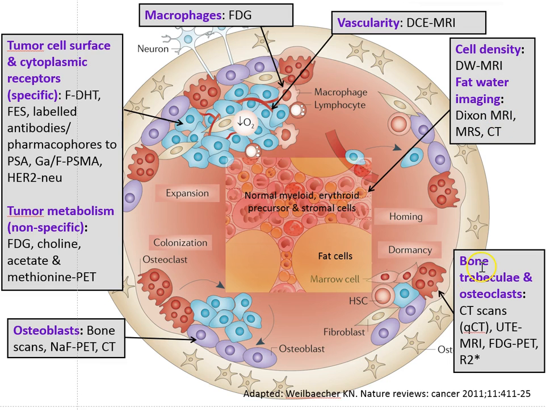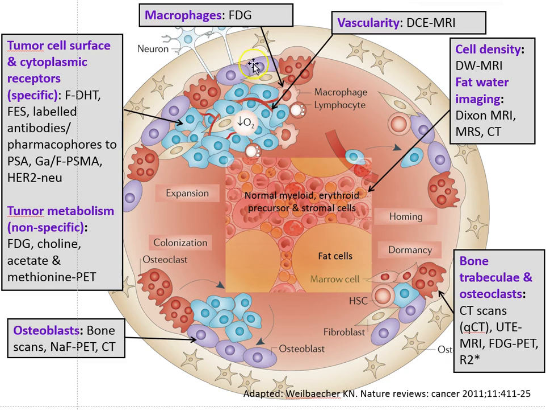If you are interested in the bone itself or bone erosion, then CT scans really work very well indeed, but there are other techniques. If you are interested in the osteoblastic activity of these lining cells, then a bone scan or a sodium fluoride PET CT scan seems to work quite well.